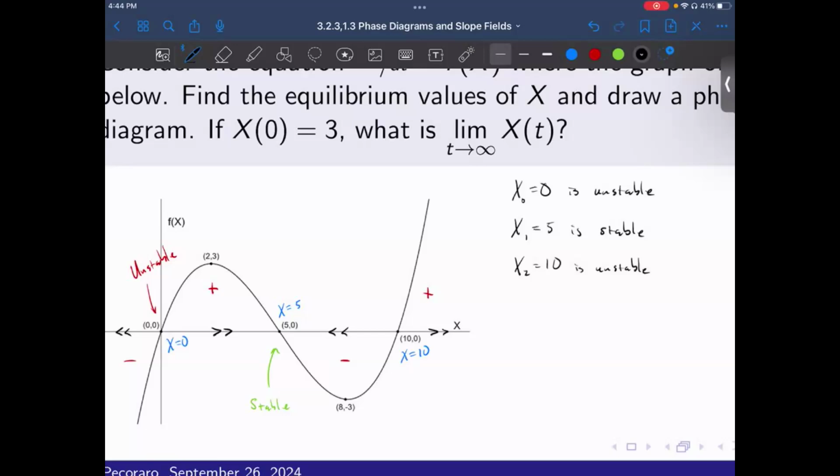If you wanted to get a semi-stable equilibrium point, you could take any polynomial with a repeated root. So let's say something like, I don't know, 2x cubed minus x squared. This factors as x squared times 2x minus 1, and it has equilibrium solutions at x equals 0 and 1/2.